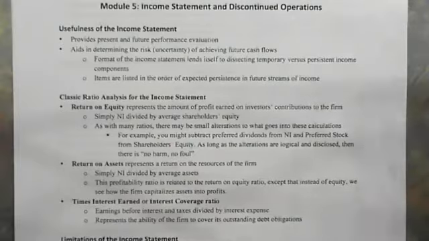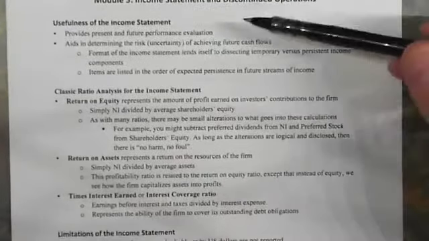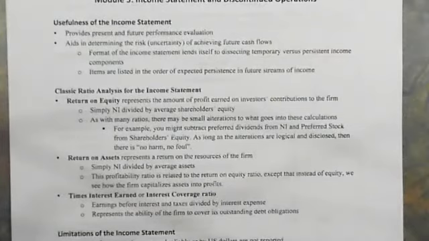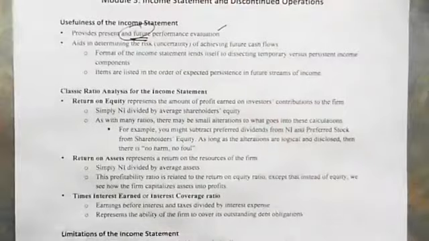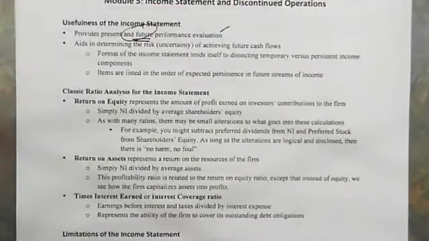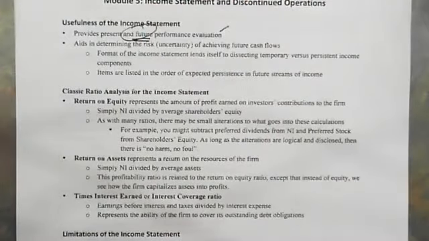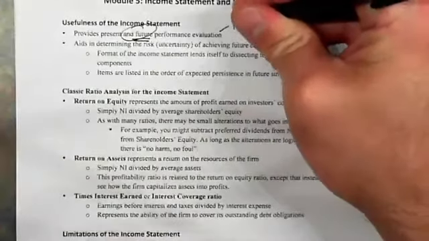So to start off with, what is the usefulness of the income statement? The income statement provides present and future performance evaluation. And again, it's very important that we have that future aspect of it. Remember, the future interpretations or extrapolations that you can make are what make the information relevant.